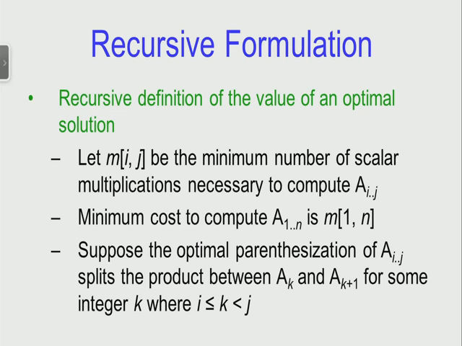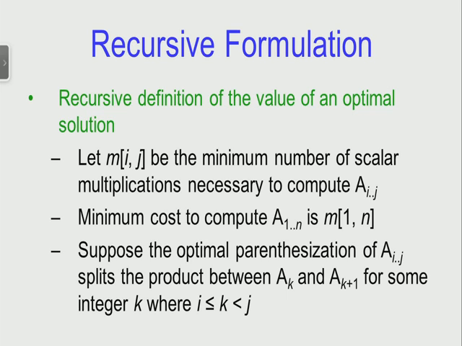So, we will verify the claim that this problem has optimal substructure while coming up with a recursive formulation of the optimum values. In this case, we again introduce a few variables which are necessary for us to compute the minimum number of scalar multiplications. So, we use the two dimensional array m i comma j to denote the minimum number of scalar multiplications necessary to compute A i j.